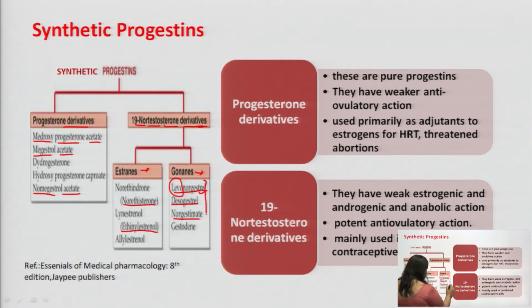These are the other drugs which could be used. So we have synthetic progestins as progesterone derivatives and 19-nortestosterone derivatives.